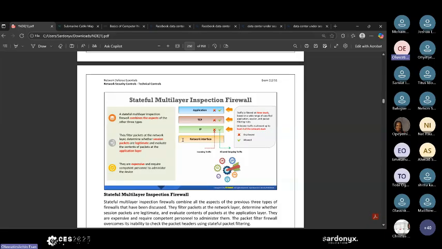The only problem is that they are expensive and require competent personnel to administer the device. That means you need a good network security admin to be able to work and configure the firewall. So it can be complex sometimes.